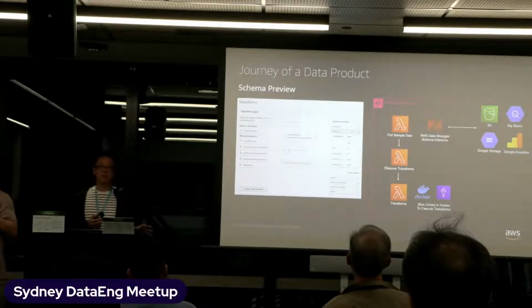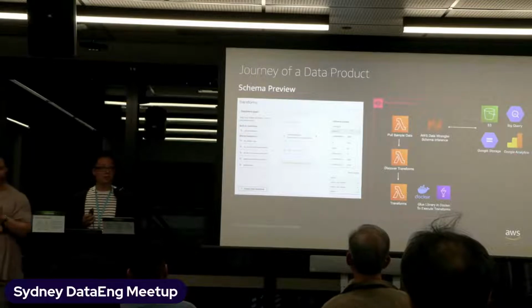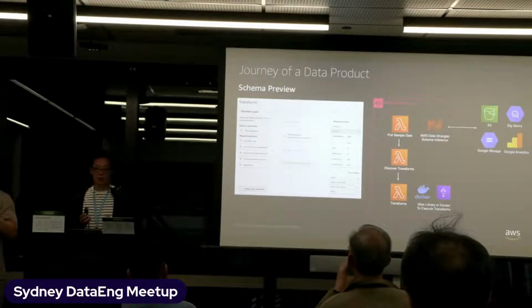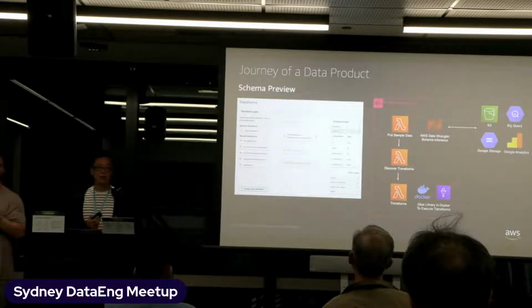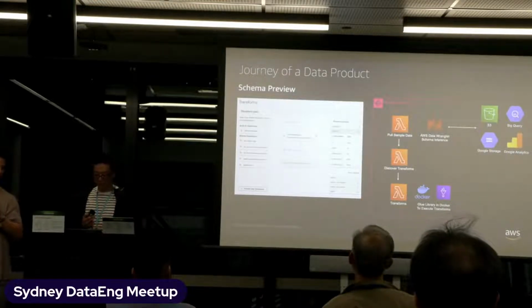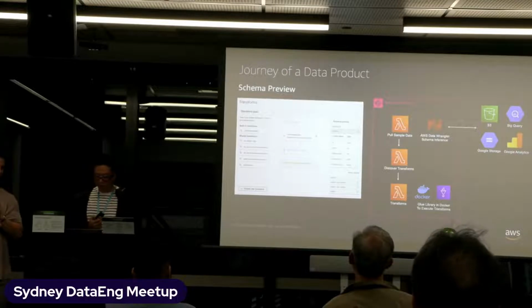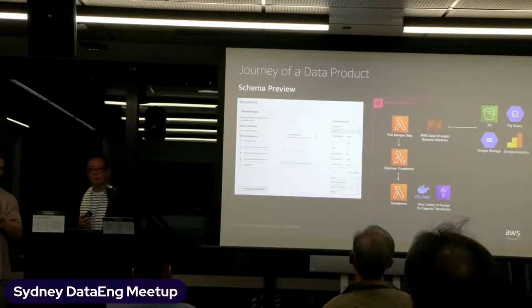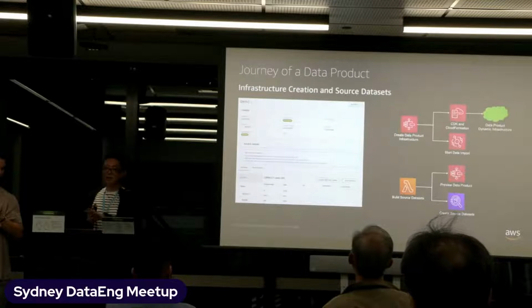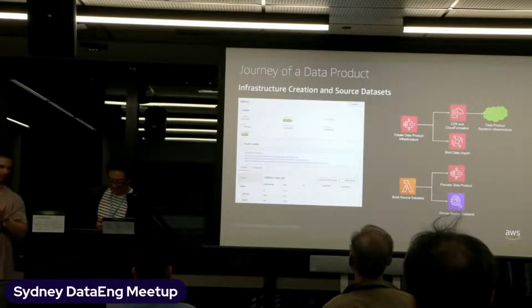Whether it's a custom script, if you're an advanced user who knows Spark Python, you can ingest your own script, or you can use our built-in Glue transformation library, and then that creates the whole schema preview process. Questions? Okay, I'll give some time for questions at the end.